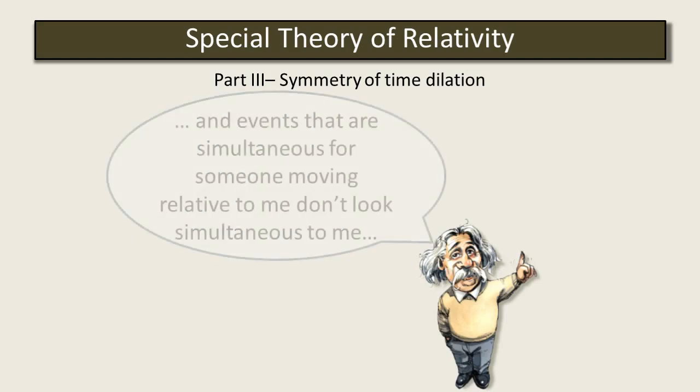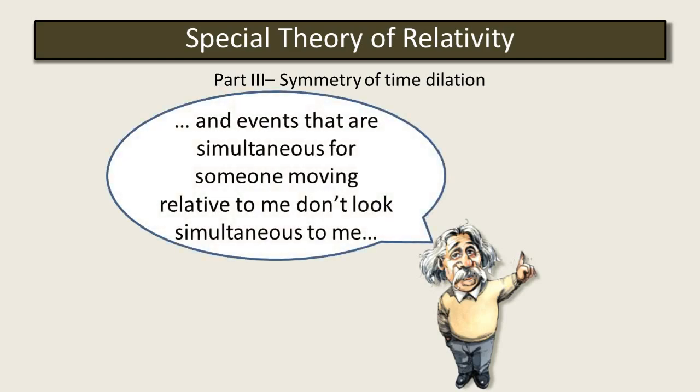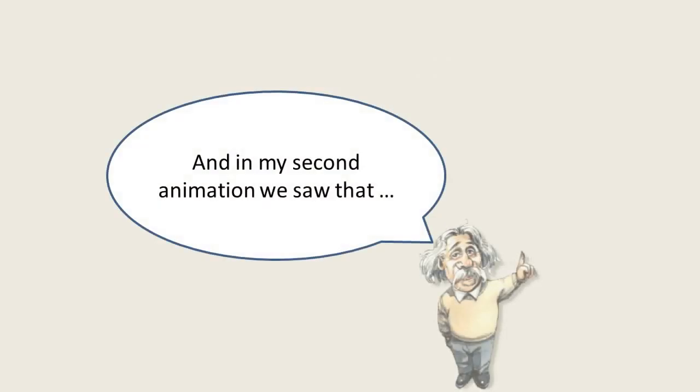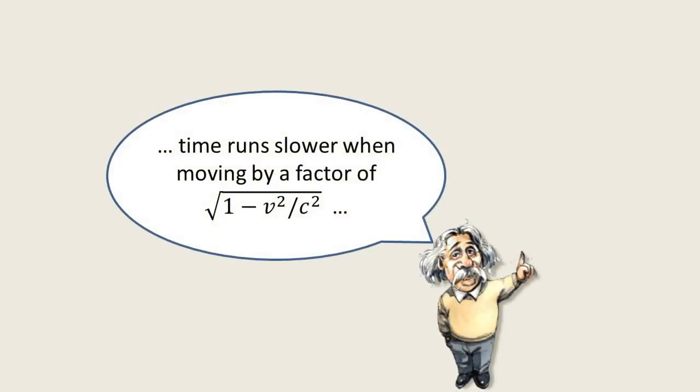And events that are simultaneous for someone moving relative to me don't look simultaneous to me. In my second animation, we saw that time runs slower when moving by a factor of the square root of 1 minus speed squared divided by light speed squared.